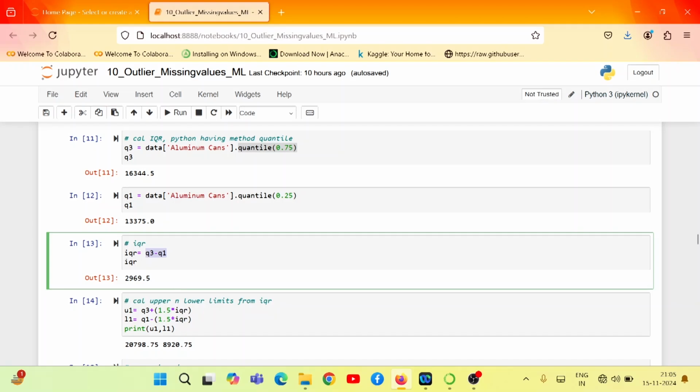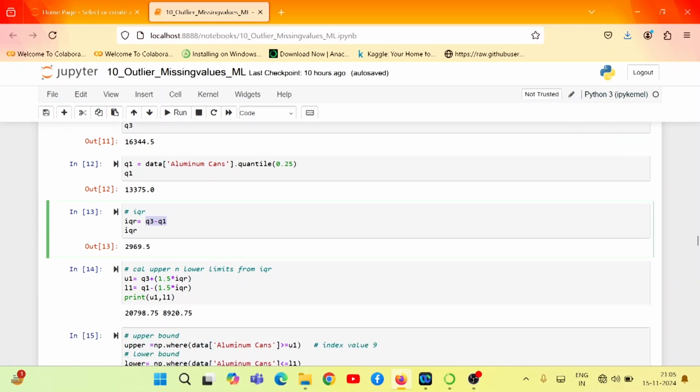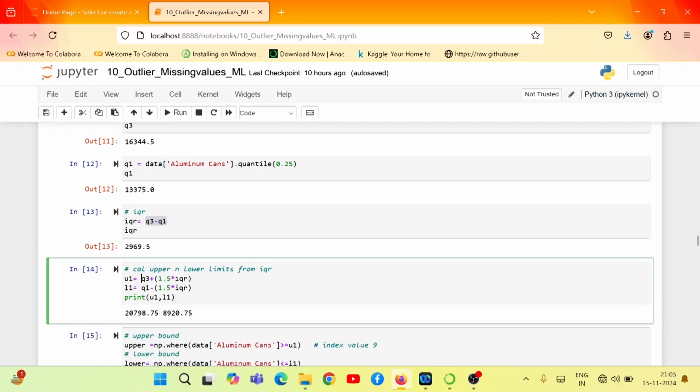The valid upper limit should be Q3 plus 1.5 times IQR. Whereas to find the lower limit, it should be Q1 minus 1.5 times IQR. By this way, we can figure out the values of U1 and L1, the upper limit and lower limit.